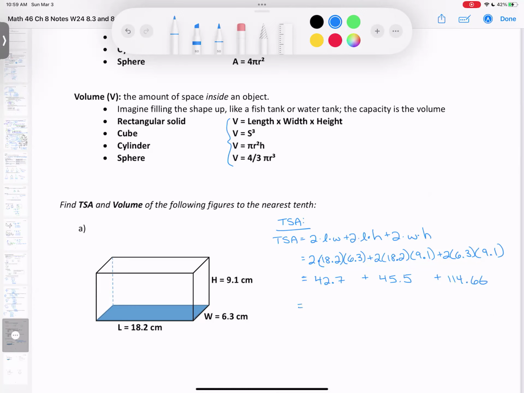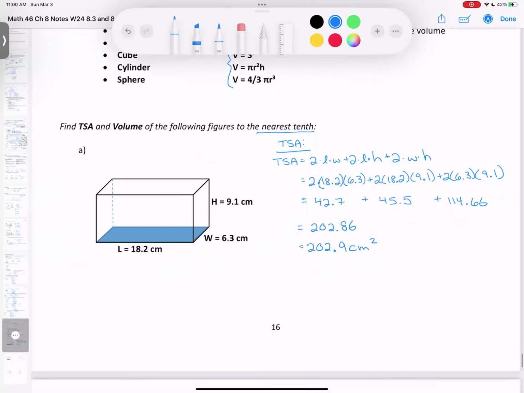So when we add all those up together, and once you get more comfortable with your calculator, you might feel more comfortable doing this all in one step. I get 202.86. And we were asked to round to the nearest tenth. So that's going to give me 202.9. Now, what are our units here? This is area. So with area, our units are squared. So this would be centimeters squared.